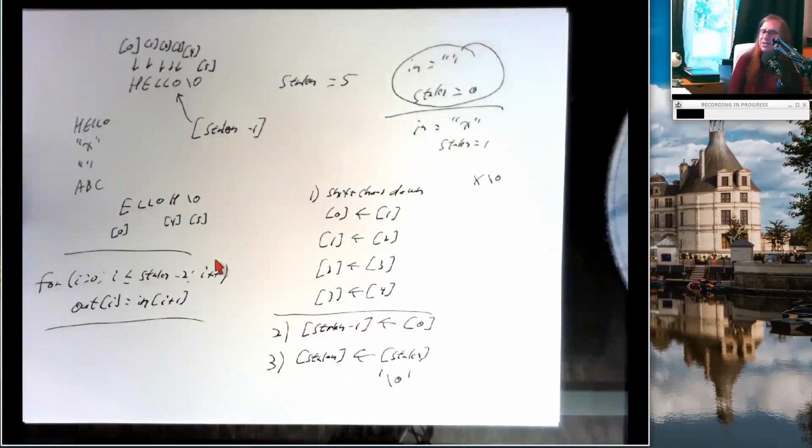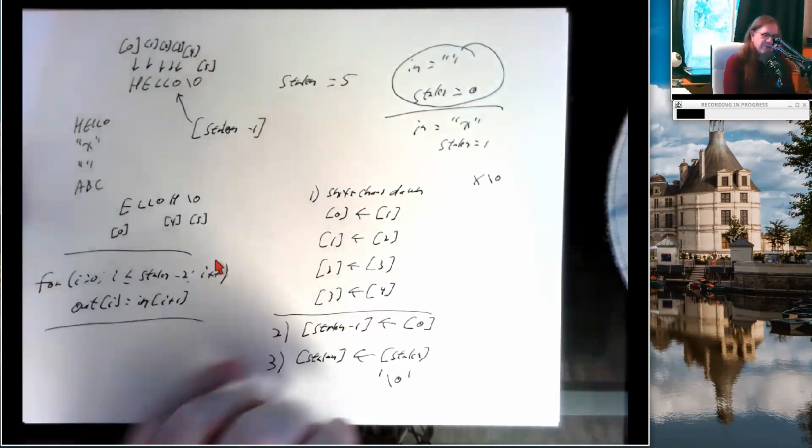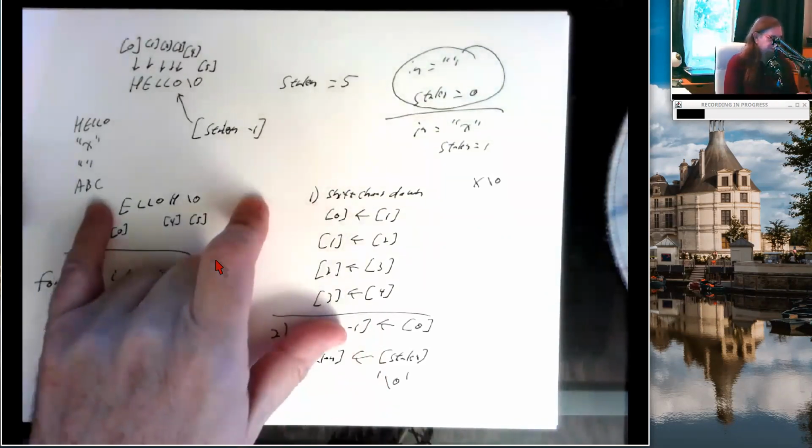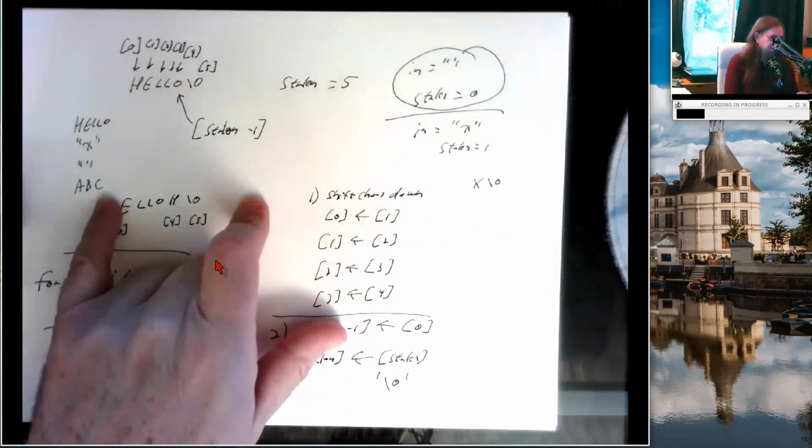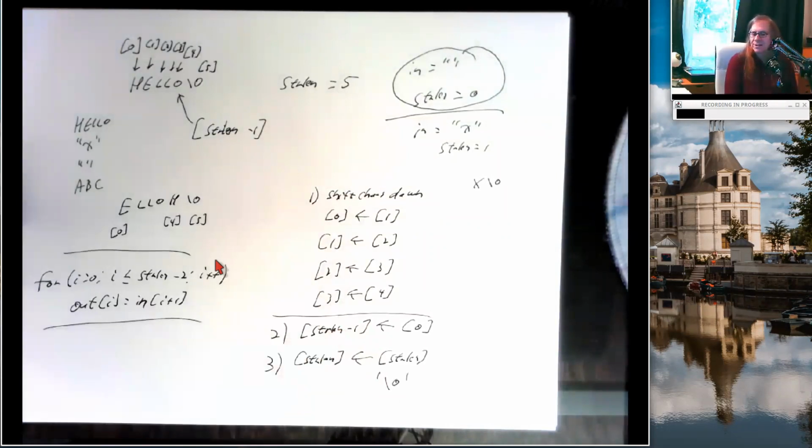While you're thinking about the algorithm as you're writing the code, you should be pretending you're a computer and running through it by hand. So GDB is great, right? Someone just asked in chat, why not GDB? If you have a case that's failing, GDB is good, right? If you can write a main program and run it and it seg faults, or it says ABCLO instead of ABC, go ahead and use GDB.